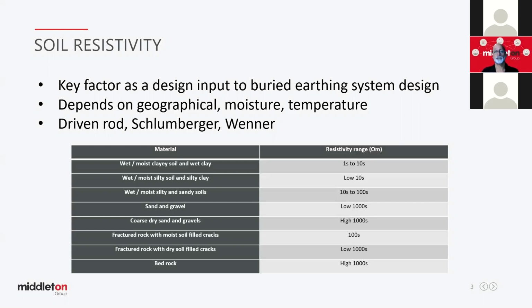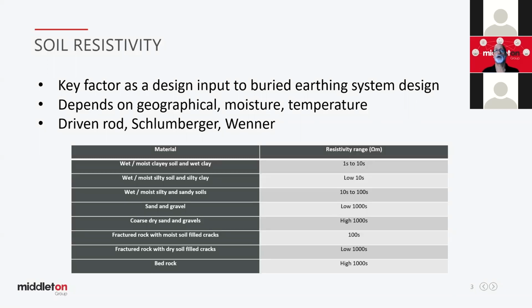Are we up in the mountains? Are we on rock, which can be quite high resistivity? Are we on the alluvial plains? It's got a mixture of both, maybe underlying rock and a few metres of nice soil on top of the rocks. Moisture is another big input, so we try and measure when it's relatively dry.